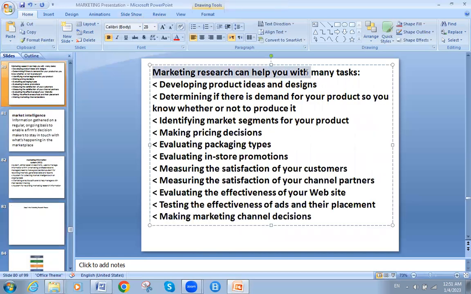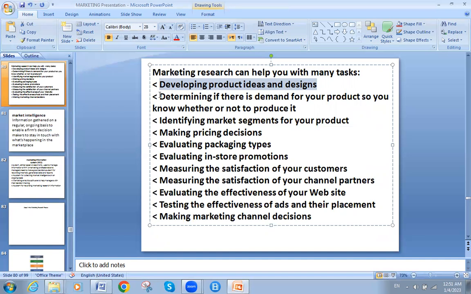Marketing research can help with developing product ideas and design. So I do marketing research to check out the product. Is it satisfying people's needs or not? They may have some suggestions about this product and how it's performing.